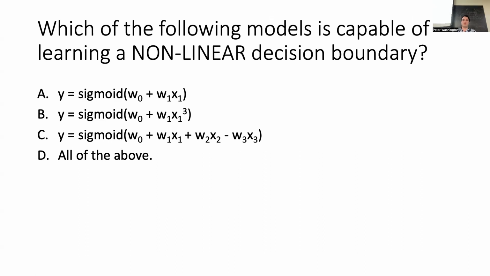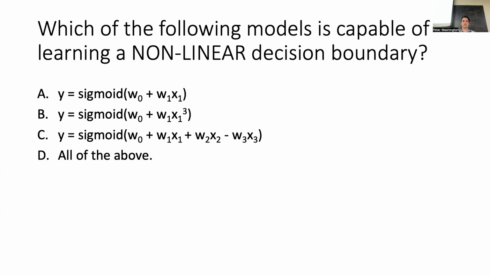Okay, which of the following models is capable of learning a nonlinear decision boundary? Everyone see these? Who thinks A? Who thinks B? Who thinks C? Who thinks D?